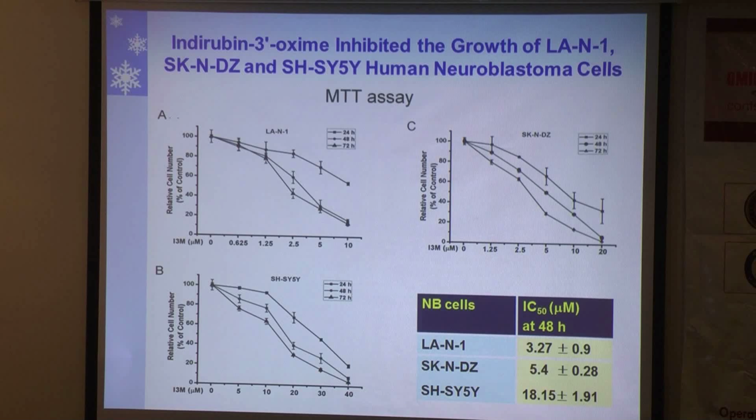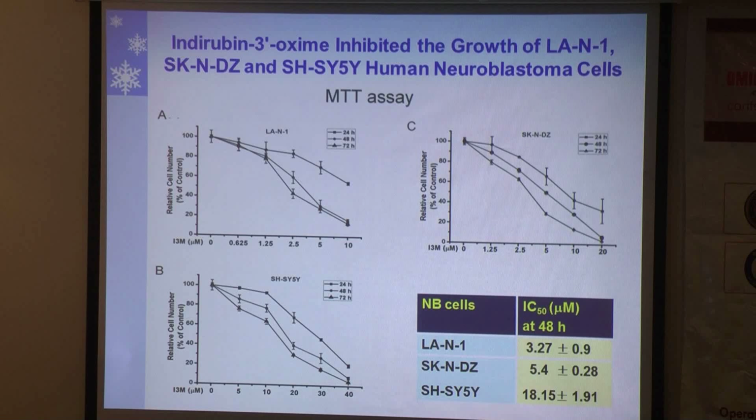In our assay, we use the MTT assay, a colorimetric assay, looking at the ability of this I3M compound to inhibit the growth of different neuroblastoma cell lines. You can see here there are 3 different cell lines being used. Two of them, LAM1 and SK cell lines, have an MYC amplification. That means they belong to the high-risk neuroblastoma.